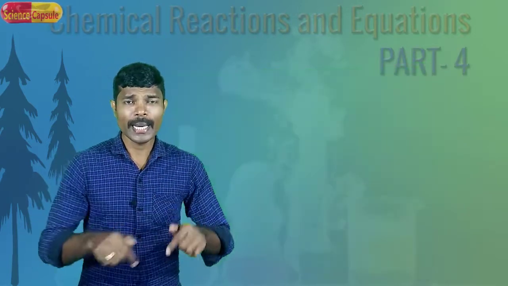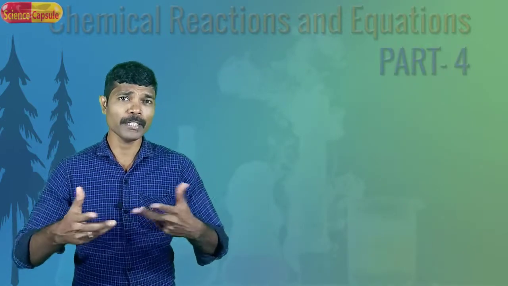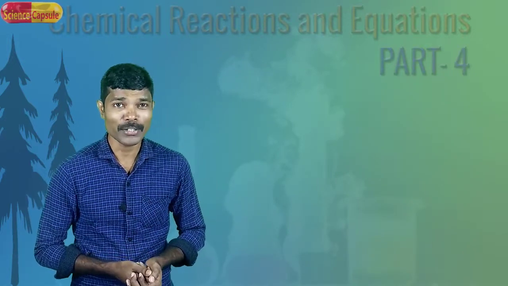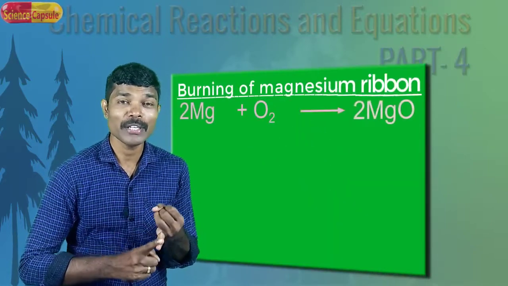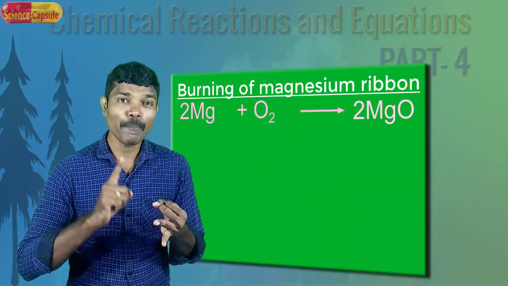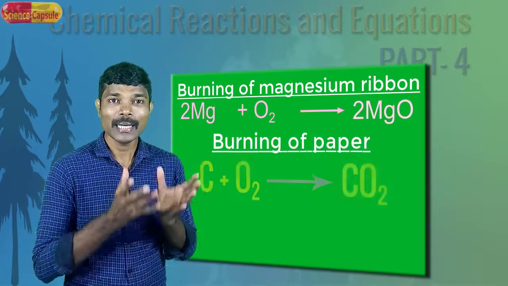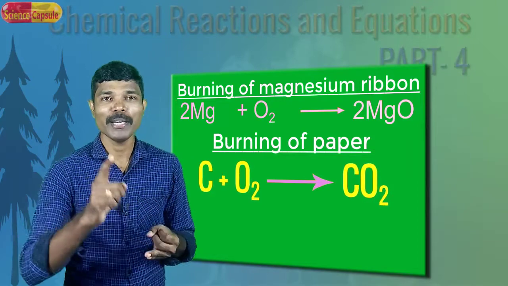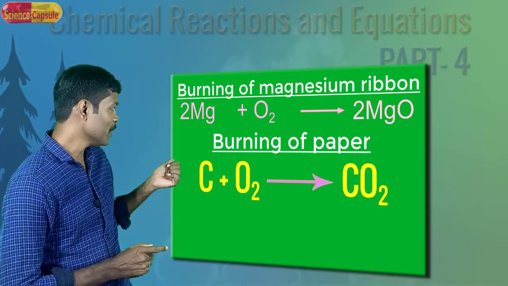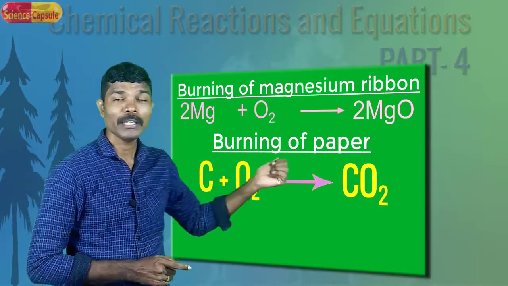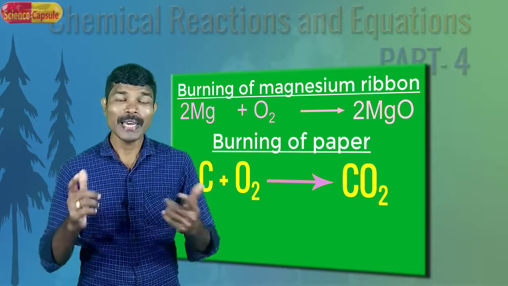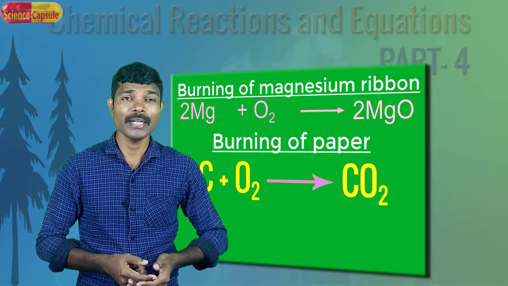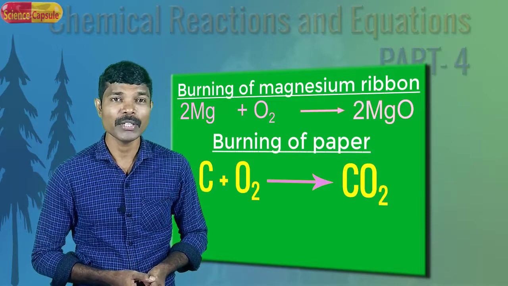Now, in our day-to-day activities, can you classify some of the reactions under combination reaction? Burning of magnesium ribbon is a combination reaction. Burning of paper: paper is made of carbon particles. When carbon reacts with oxygen, carbon dioxide is formed. Here you see carbon plus oxygen gives carbon dioxide. Various other chemical reactions in our day-to-day life are combination reactions.